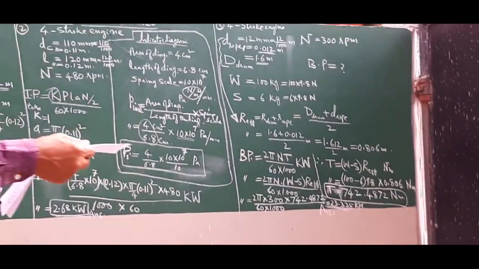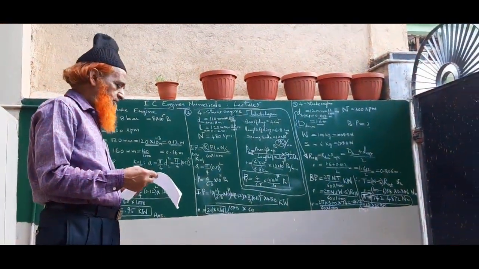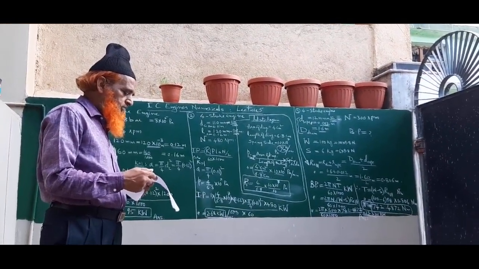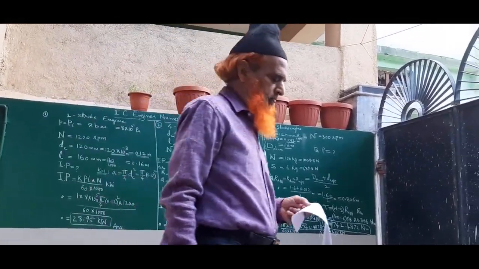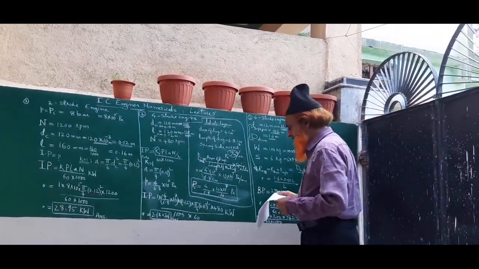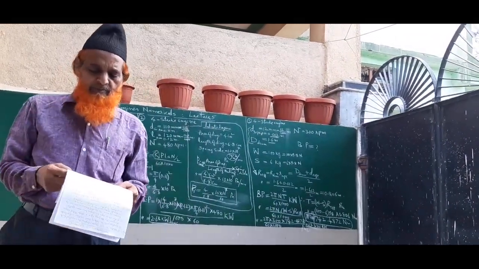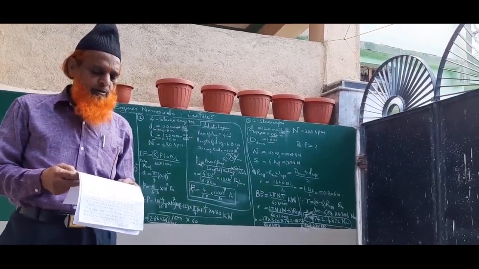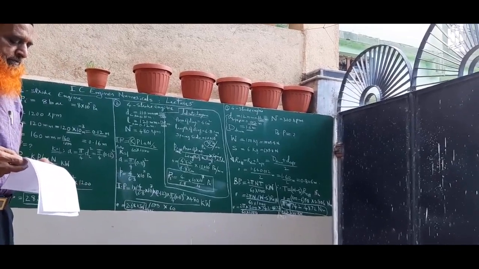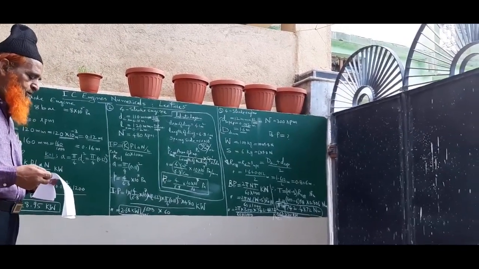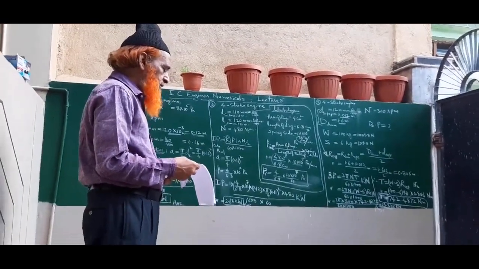Now take down the fourth numerical. A 4-stroke petrol engine of 110 mm bore and 160 mm stroke consumes 1.2 kg of fuel per hour.